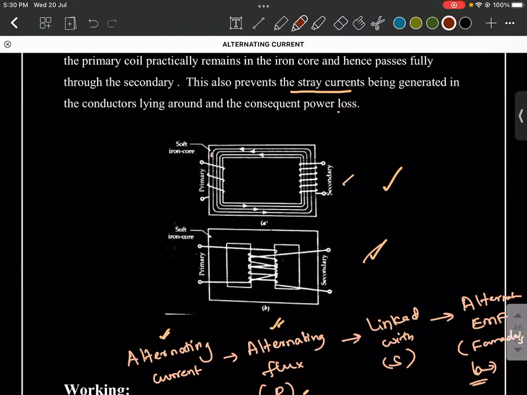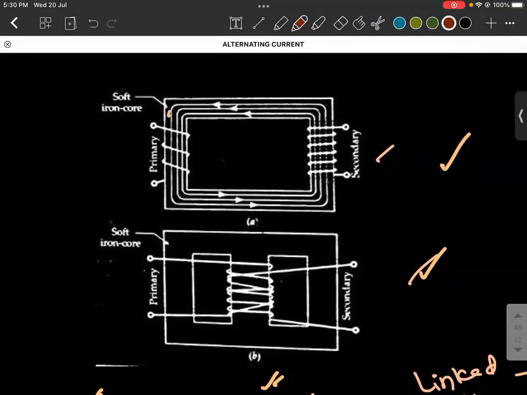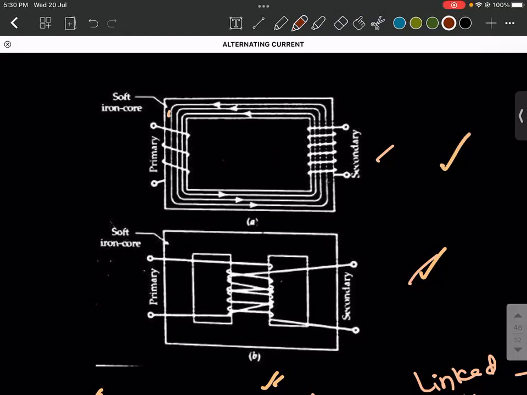Are you able to see? Fine. These are two different kinds of windings. So this is a separate transformer, this is a separate transformer.